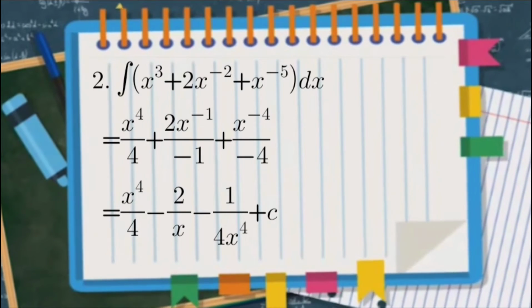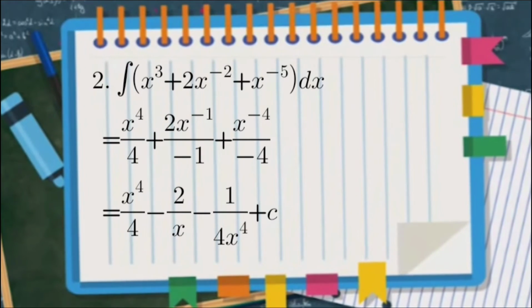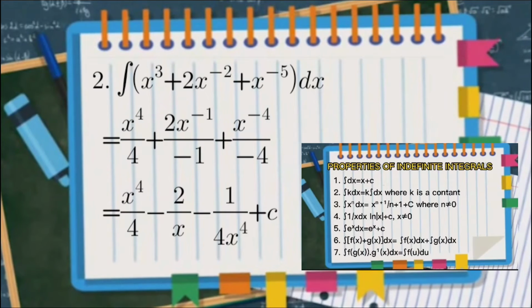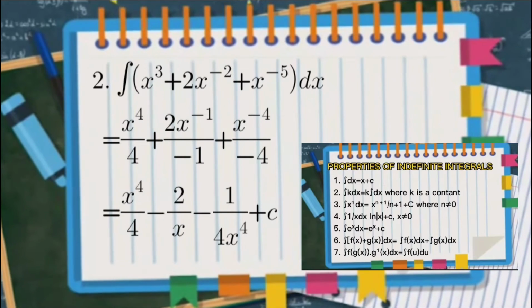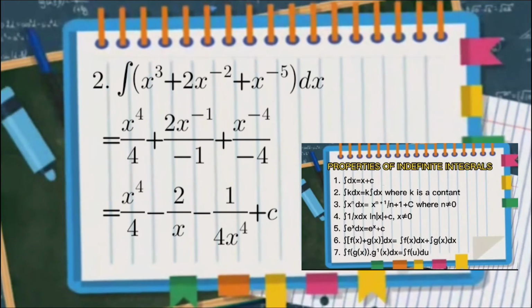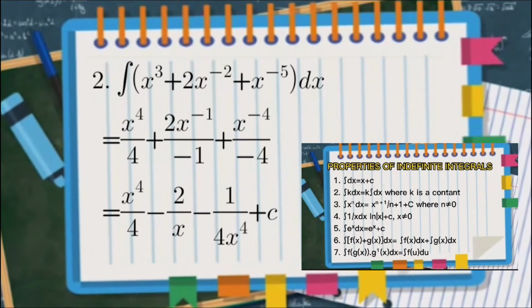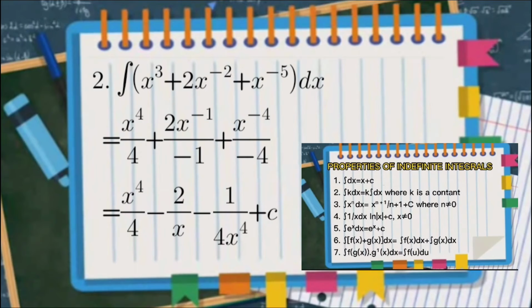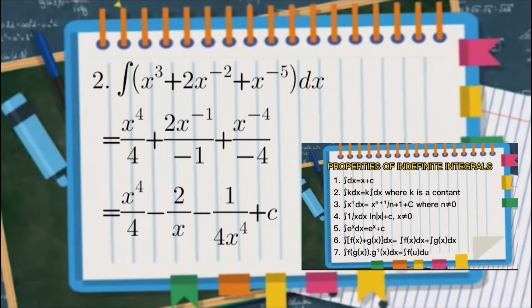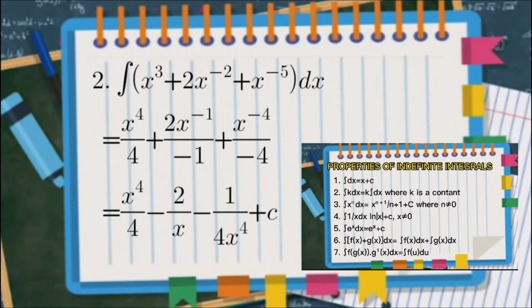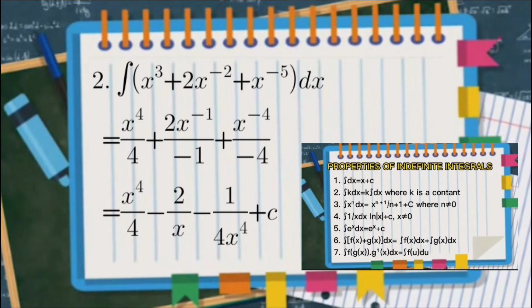So in this example, the properties of indefinite integral are a must to find the solution, and on how we are going to solve this example, the steps or the tips on how we are going to evaluate each term.